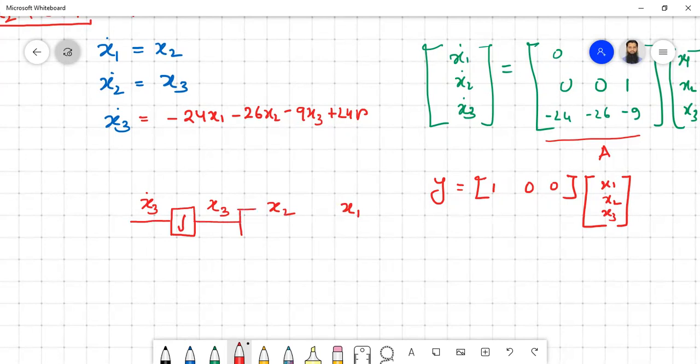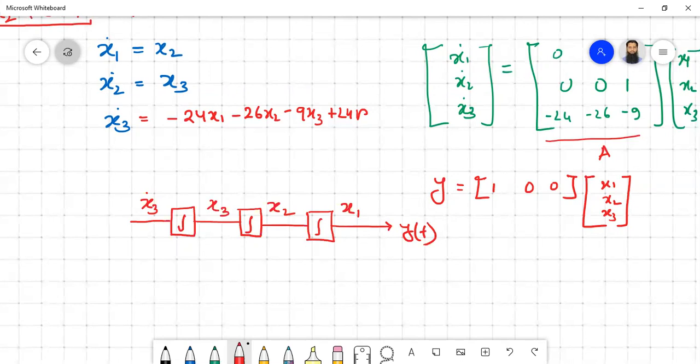If you take another integration, you get x2. And another integration gives x1. This is always true, and according to our choice, x1 is nothing but the output. So this is your output y(t).